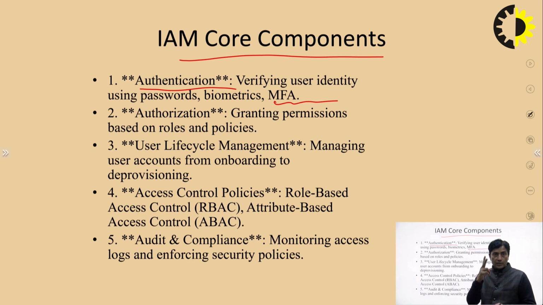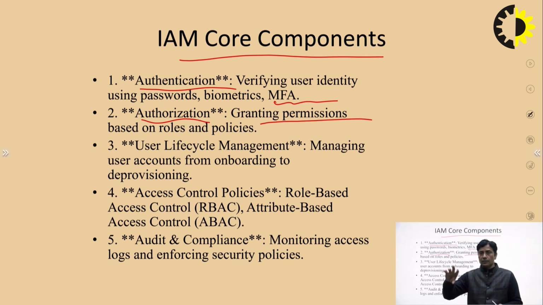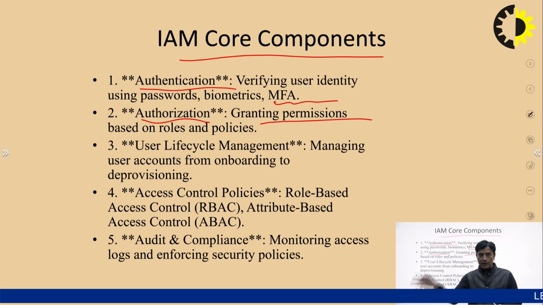So two levels means multi-factor, multi-level access control. Authorization: granting permissions on the basis of roles and policies. On the basis of that, you grant that some file can be accessed by person A, another file can be accessed by B. What are the root files or library files accessed by some person, you have to ensure centrally.